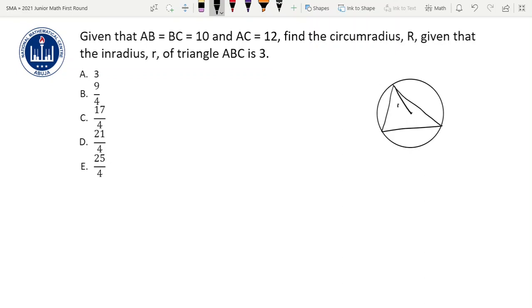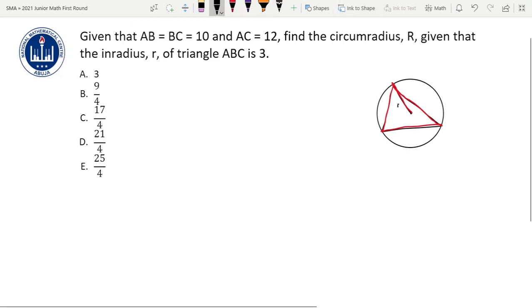So here we have a triangle, marked out in red, and then that circle around it passes through all the 3 points of this triangle. The radius of that circle is what we call the circumradius of this triangle that was circumscribed. So that's what the circumradius of a triangle is.